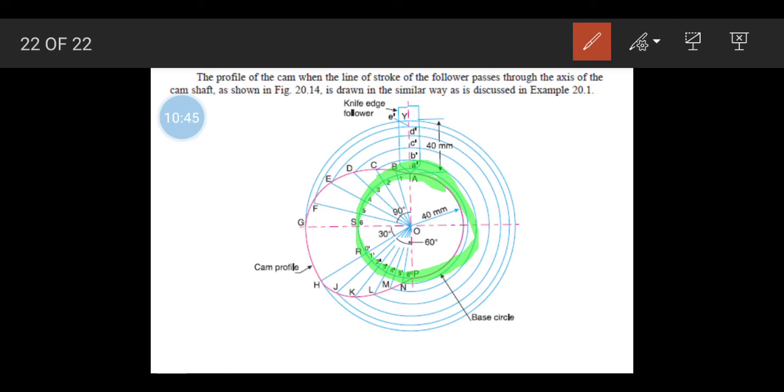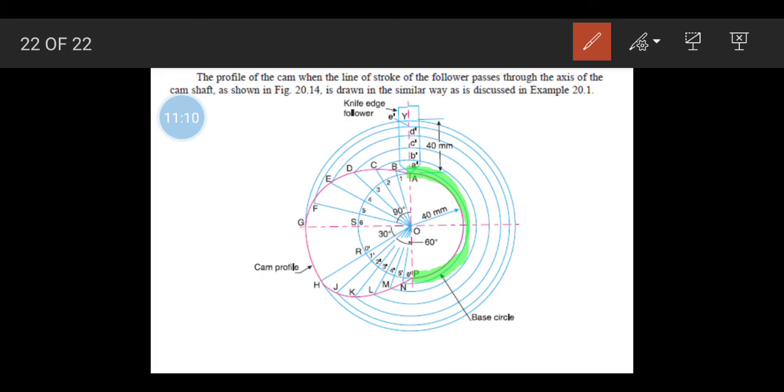Once we construct this, from A point to S point is the outstroke, and S to R is the dwell. A to S is the outstroke, then S to R is the dwell, R to P is the return stroke, and the remaining dwell, that is S to P, is the remaining dwell present over here.